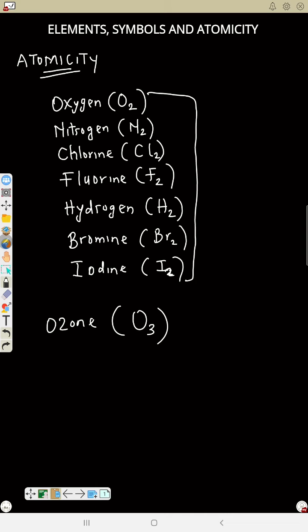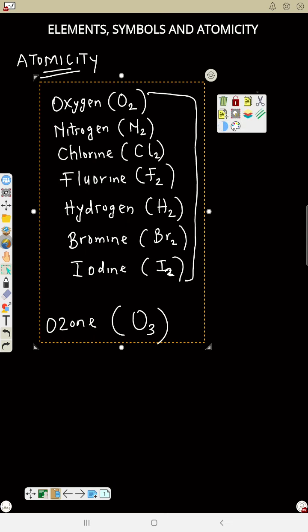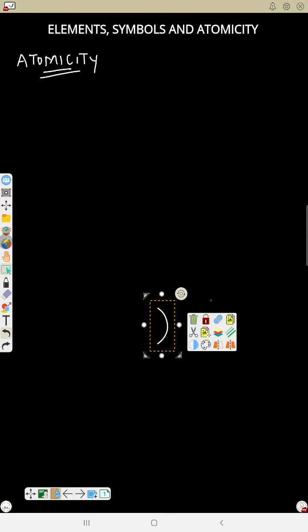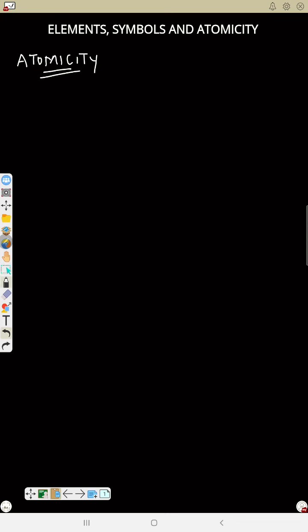Now we also have polyatomic. If the subscript is from 4 upward, you can say it is polyatomic. For example, if you have P4, S8, we can call all these polyatomic.